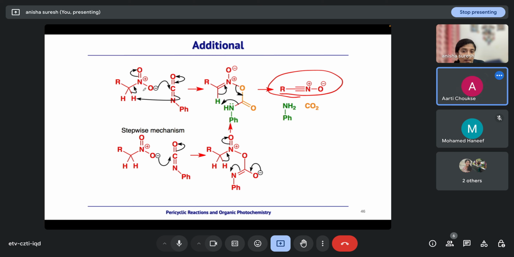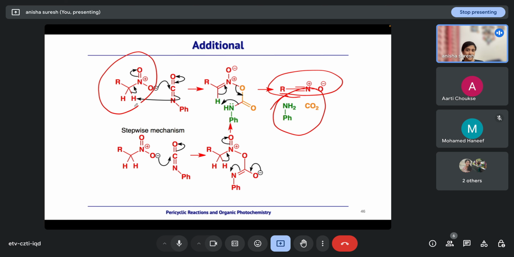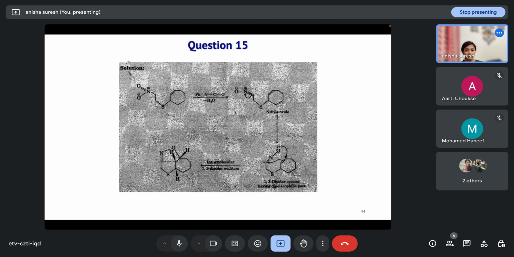Yes, ma'am. But overall, if we consider the mechanism, this phenyl isocyanate is also getting involved and these two molecules are getting removed. Clear? With respect to this only they are telling it is dehydration. So it is like that.